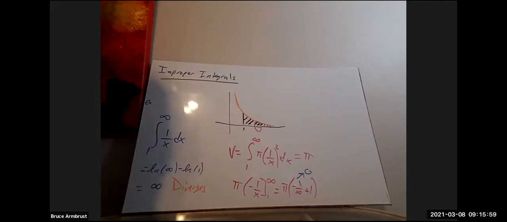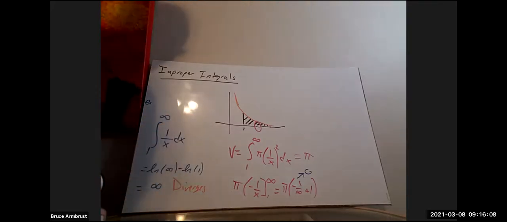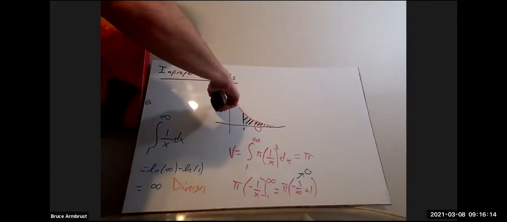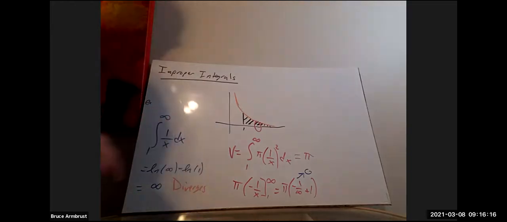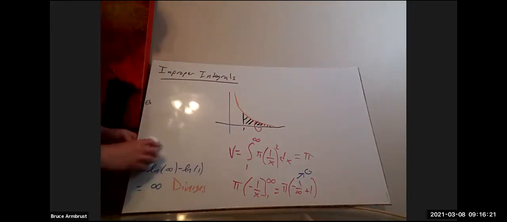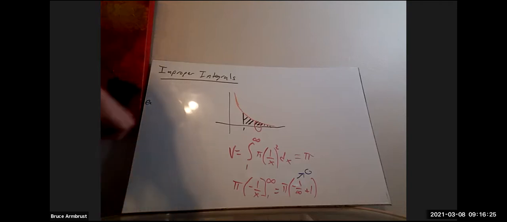All right, well, so there's type 1, or the first type of these integrals. So let me show you one of the other ones. The other issue that we can have with integrals would be kind of like on this picture. What if we were going to say 0, right? So I'm actually going to take the same function, 1 over x, but instead of going from 1 to infinity, let's go from 0 to 1.